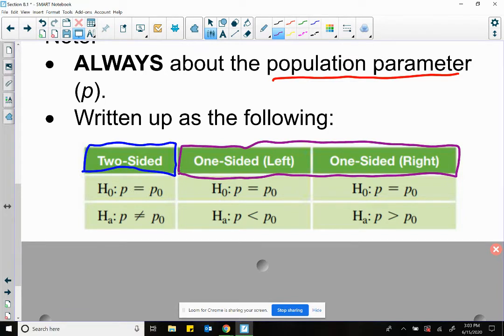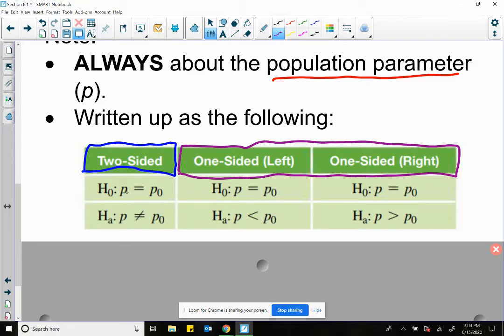Okay? Notice H naught, or the null, is always P equals whatever that value is. H naught always has the equal sign. It will never ever change. It's the Ha, or the alternative hypothesis, where you change it up.